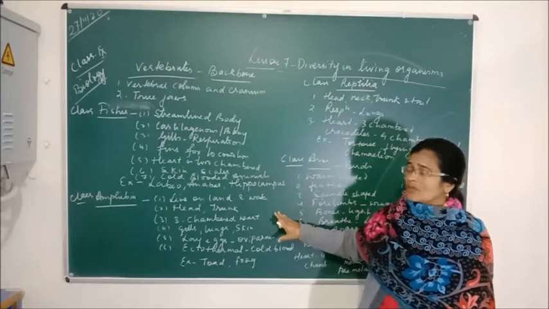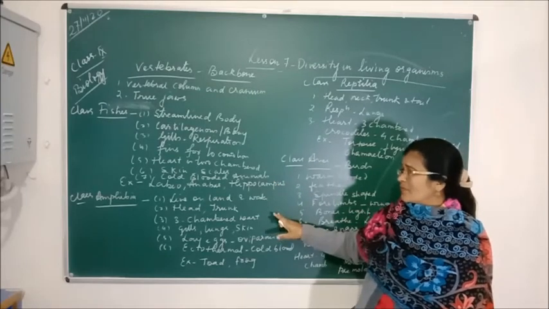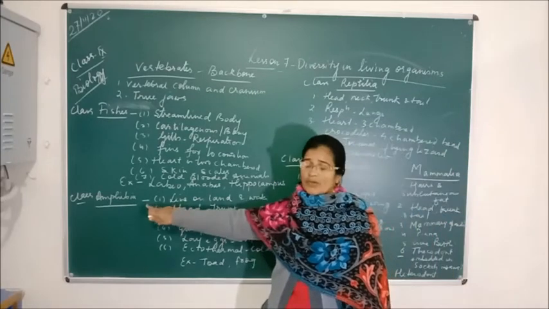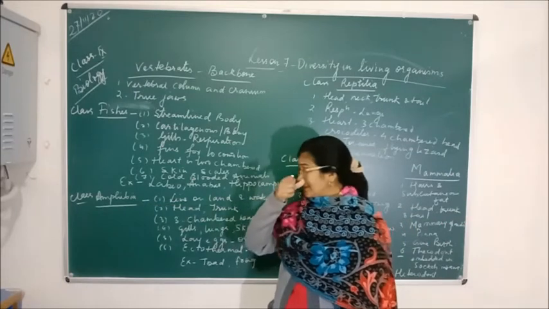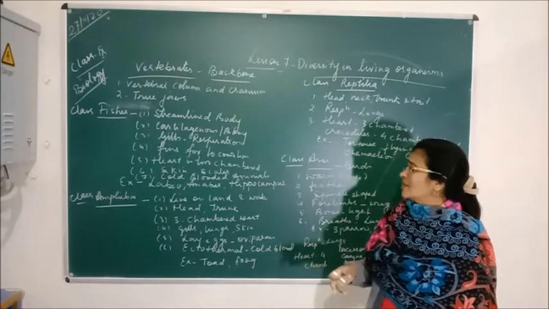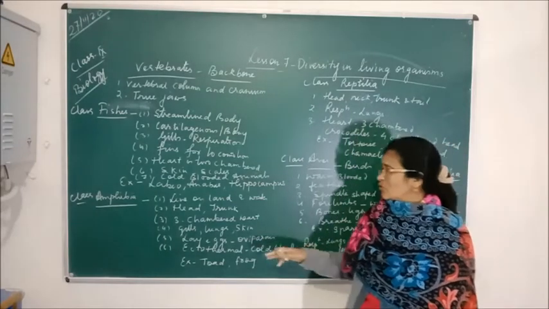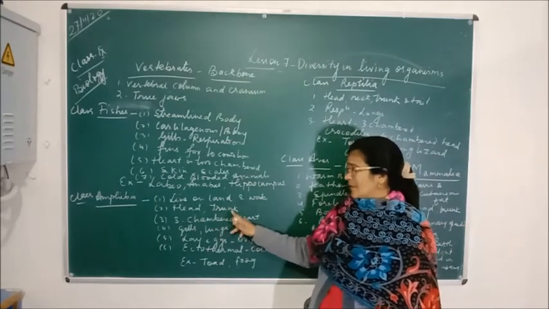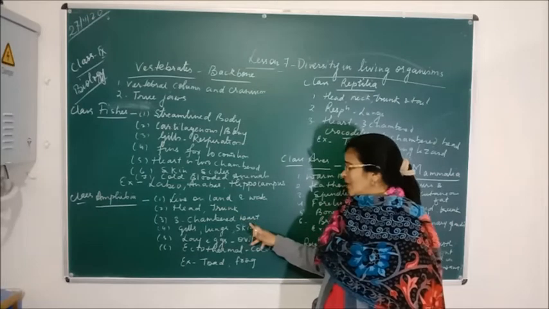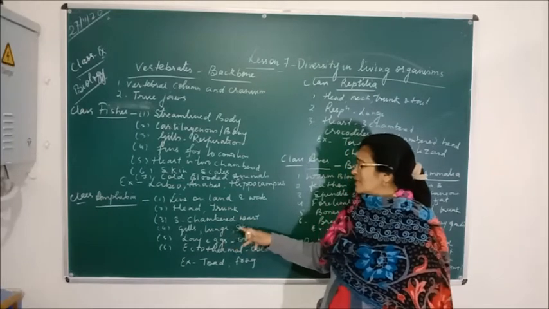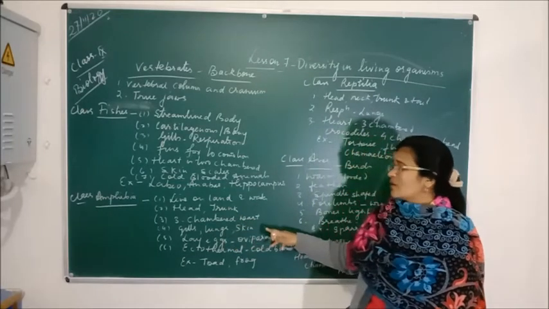Second, we'll discuss the class amphibians. Amphibians are those animals which live in water as well as on land. Their body is divided into 2 parts: head and trunk. Their heart is three-chambered. They have gills as well as lungs and skin for respiration.